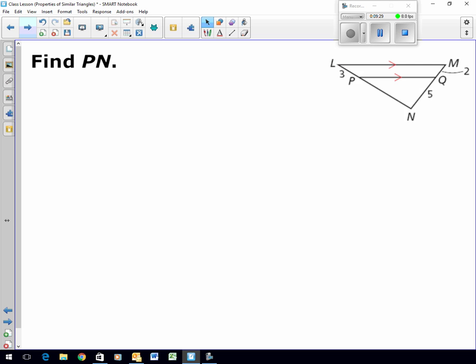What are you trying to find? Try to find this part right here, B to N, correct? Put X there.